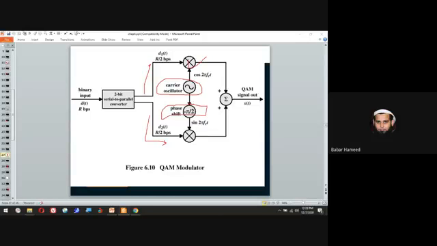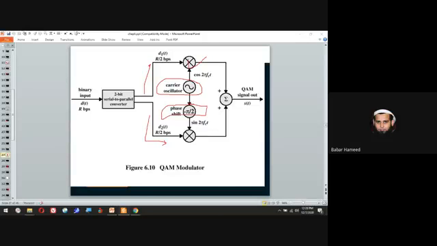In the diagram, the upper stream is modulated on the carrier frequency by multiplying the bit stream by the carrier. For convenience, in the modulator structure we map binary 1 to root 1 by 2 and binary 0 to minus root 1 by 2.